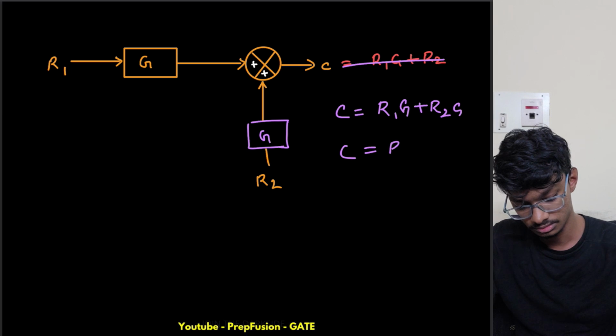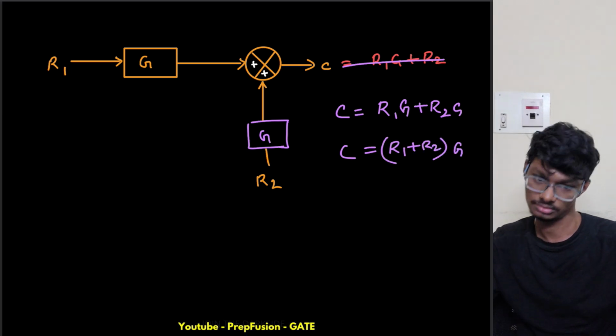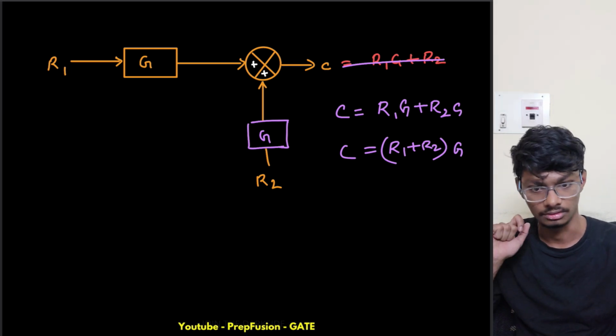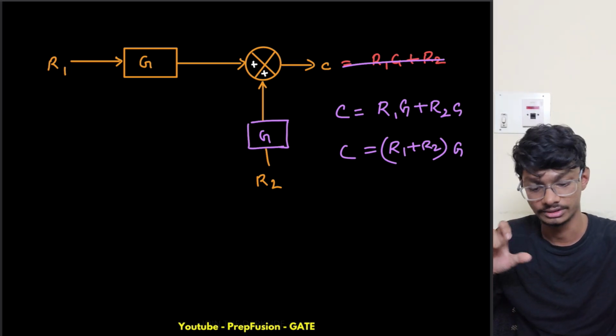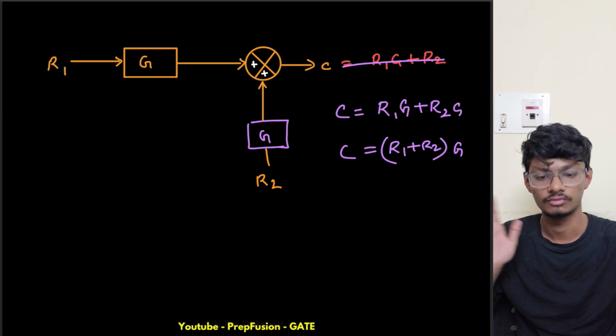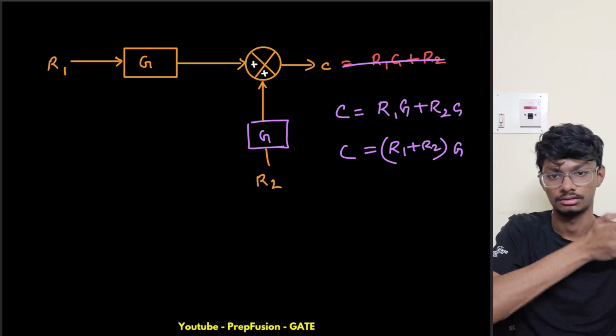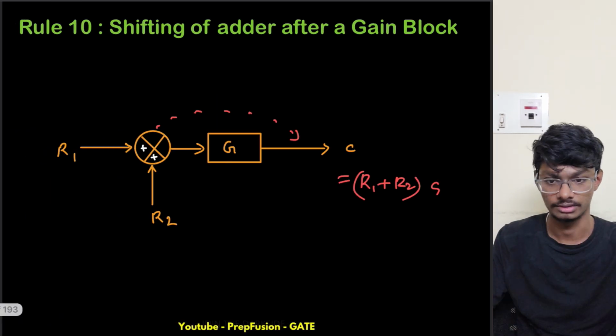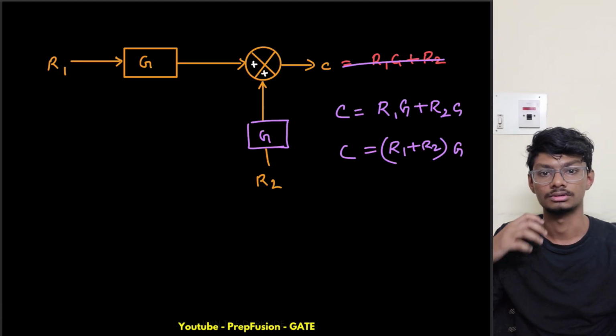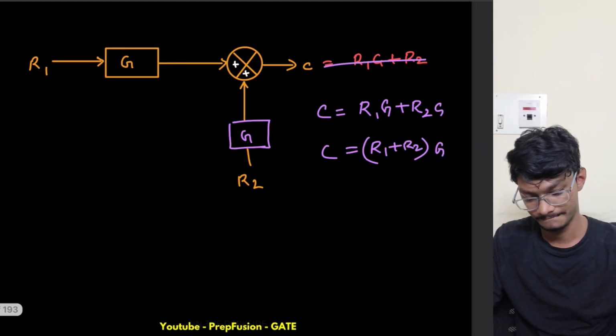So C equals R1 plus R2 times G. So this will be the gain block basically. Now this will be the modification that we need to do for shifting the adder after the gain block.